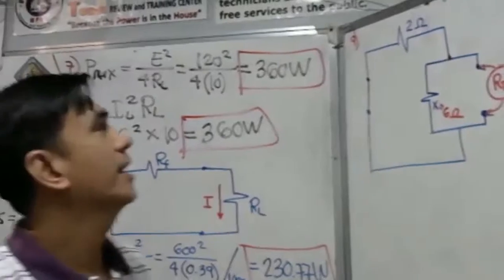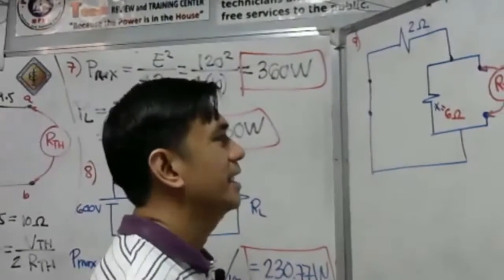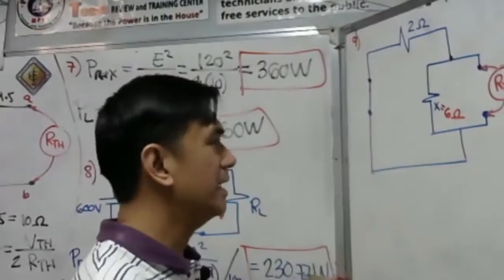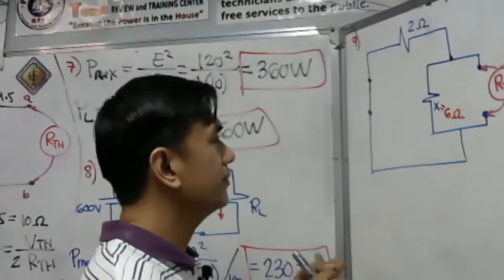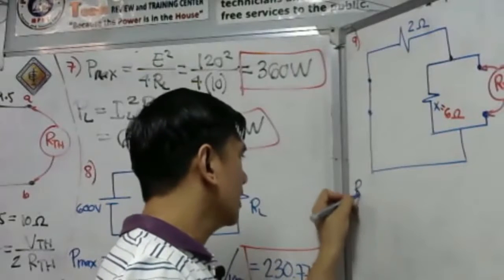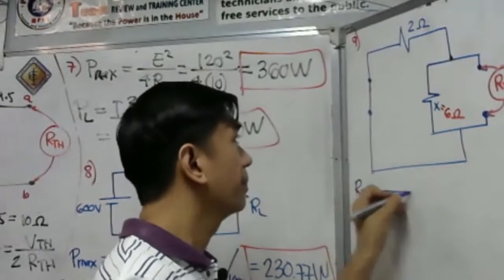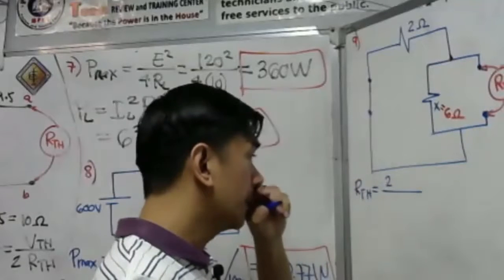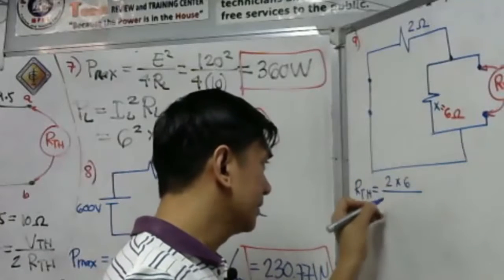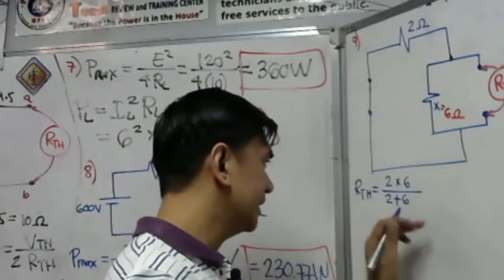Magpa-parallel yung dalawa. Okay? That will just be connected in parallel. So therefore now, we can calculate our RTH. Anyway, that is the only question in this problem. So we have here 2 times 6 all over 2 plus 6.